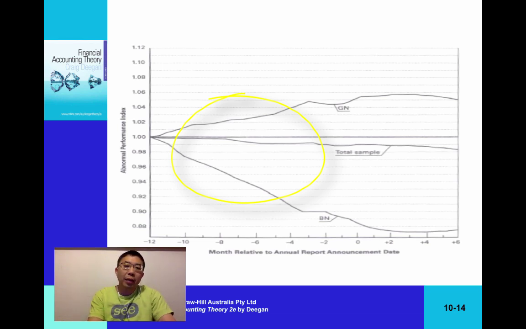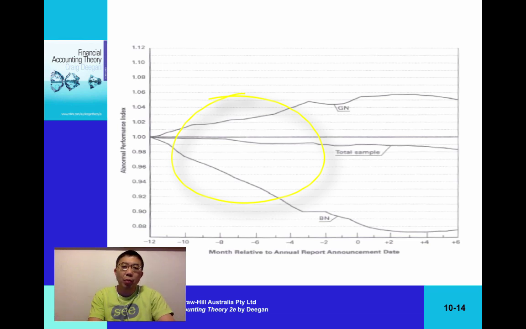And if you look down at the graph that shows the response to bad news or unexpected decreases in earnings, resulting in decreases in share price, you note that the share price has already started to decline 12 months before the release of the accounting information.